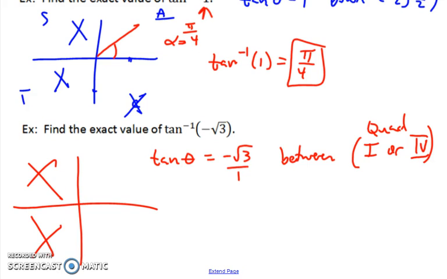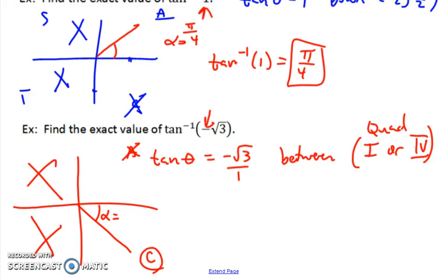We're talking about arctangent. So I'm thinking, if this is a negative number, all students take calculus, it's got to be a negative number. It can't be in the first quadrant. Then we're talking about the fourth quadrant. So when I draw it in there, reference angle. What is that reference angle? Where is the sine going to be root 3 over 2, or what angle am I standing at so that the opposite is going to be root 3?